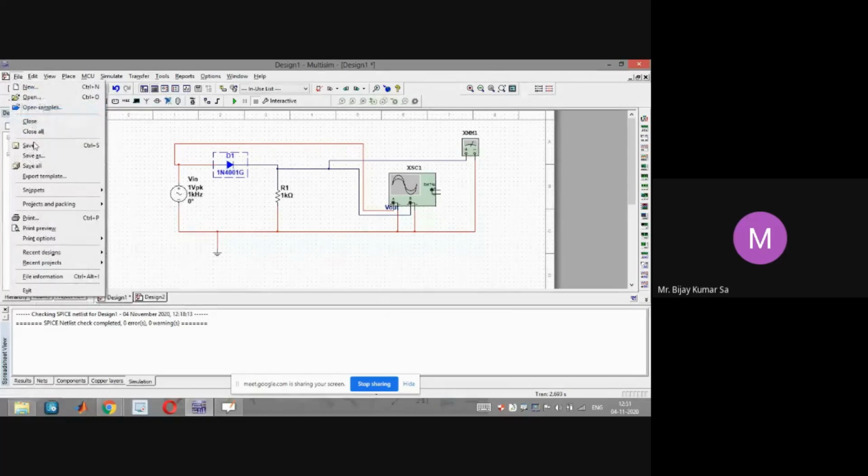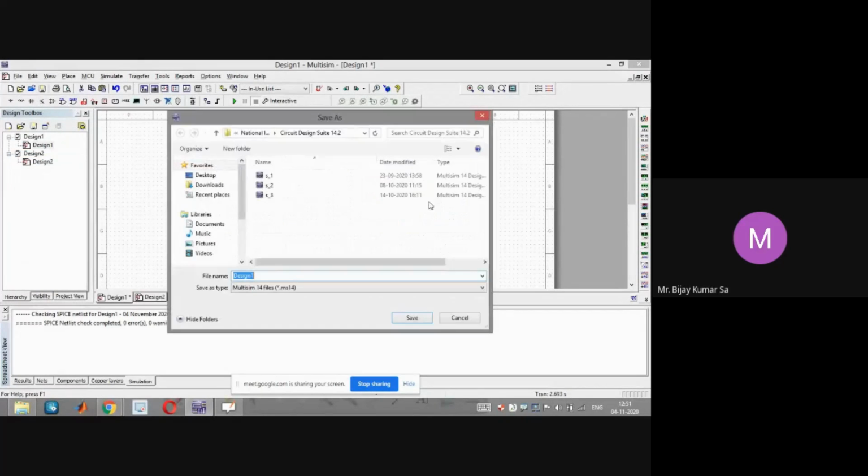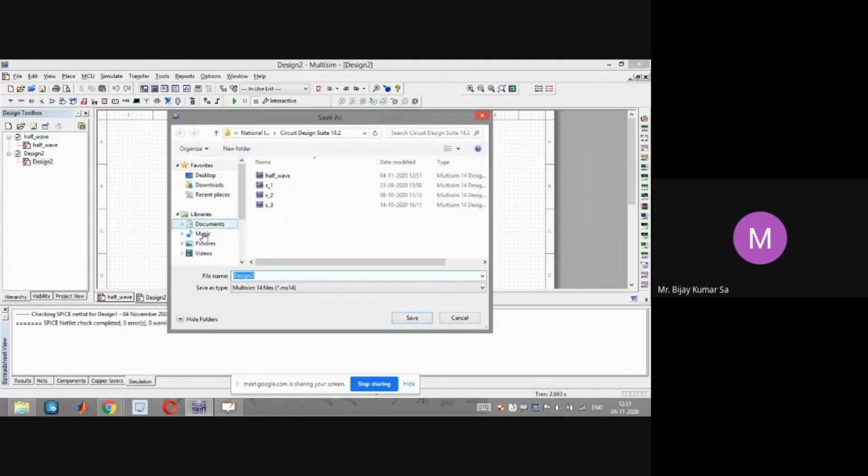File, save as. इसको नाम देंगे half wave. अब जो नया बनाएंगे उसको will name full wave. File, save as, full wave.